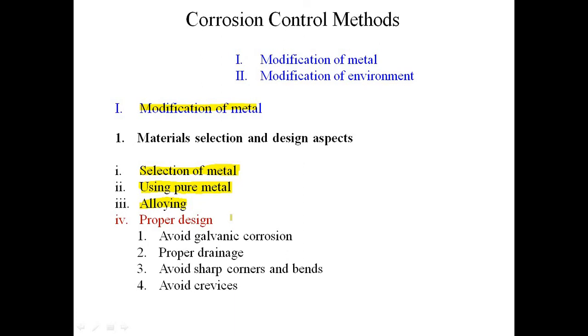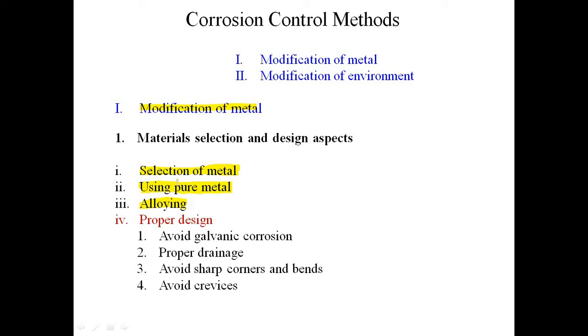In those cases, you cannot go with pure metallic structures. You have to mix different metals and make alloys so that you can get the desired properties, and you can control the corrosion, by the way. So alloying is one of the important topics when we talk about corrosion control methods, right?